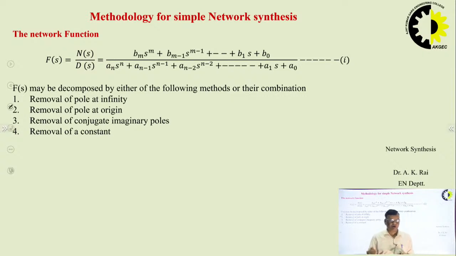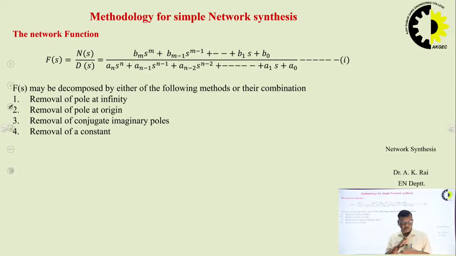How will we check whether there is a pole at infinity? Pole at origin we can check: if A0 is absent from the denominator polynomial, certainly there is a pole at origin. But how will we check the pole at infinity?